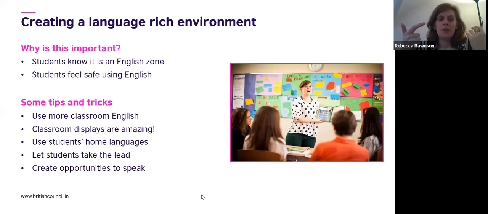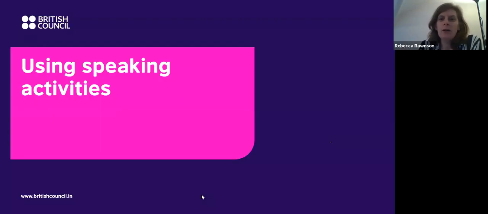Okay, making sure that in the physical classroom, they've got displays everywhere, whether it's online or physical, English is the main language and everyone is using English, including the teacher. But at some points, you may want to use home languages as well, so that they're still thinking in both languages and they're working in the two. So creating language-rich environments. So let's think about speaking activities.